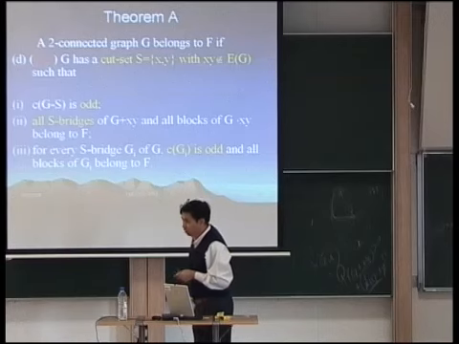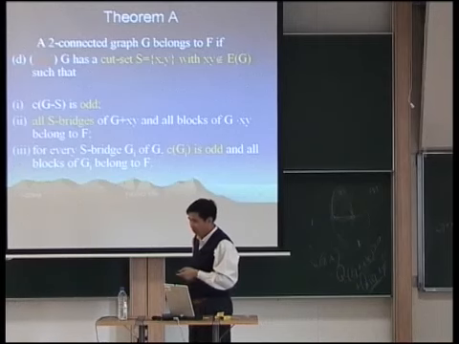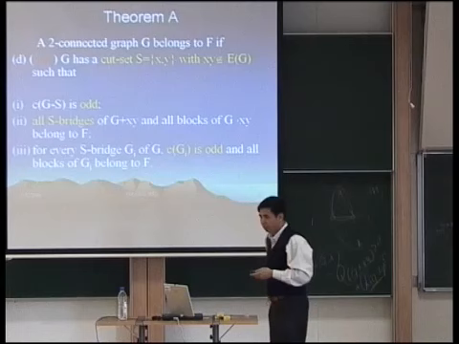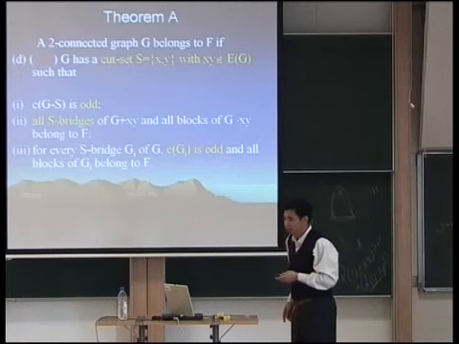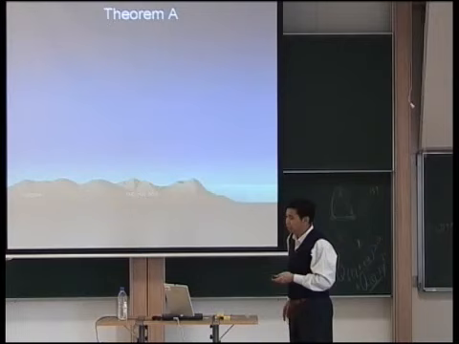So I need this condition: c(G_i) must be odd. Bill, remember the example he gave? If you go back to the example you gave of a decomposition with 3 S-bridges, the rightmost one of his 3 S-bridges was disconnected. But here it's different because this graph is not 2-connected.